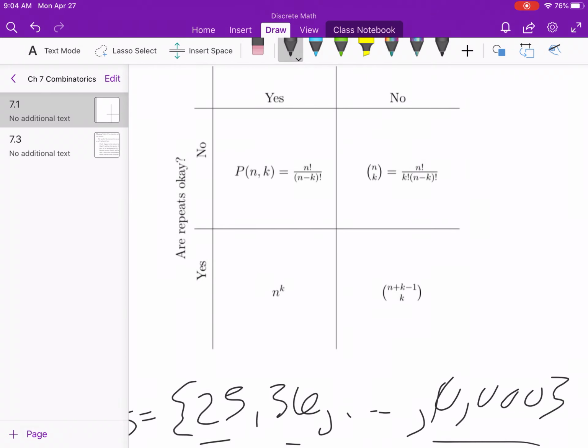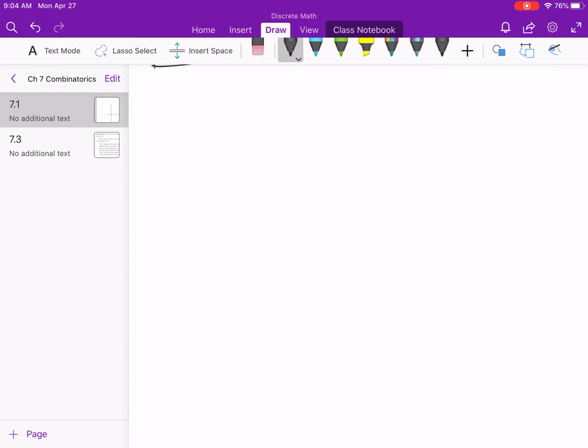And what I can have is repeats, right? So that's fine to have repeated values in my counting. Imagine that I wanted to, this happens with fast food restaurants or something.